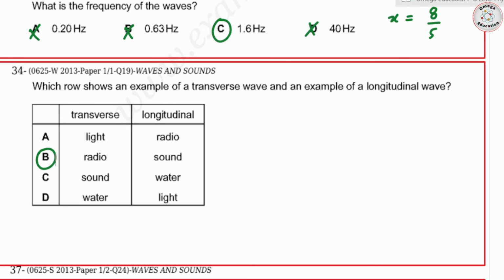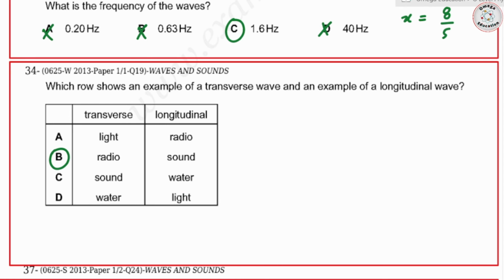But those are special cases because you have to move the spring or the rope in a certain way to produce longitudinal waves. The most important longitudinal wave in the entire syllabus for O-level physics is the sound wave. If you remember that sound wave is a longitudinal wave, then you can cross out the incorrect options and you can get away with that.